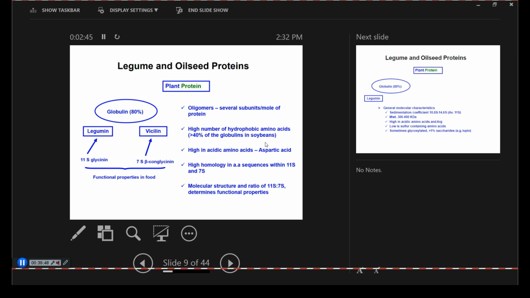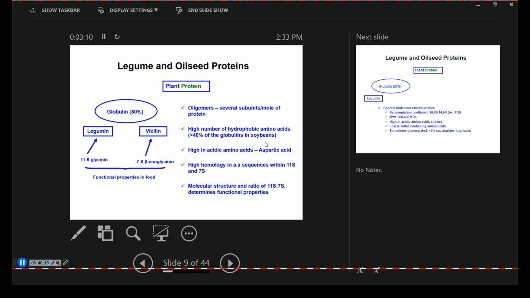Sedimentation. So sedimentation coefficient. Does a higher number indicate a larger molecule or a smaller molecule, or a molecule that would sediment more easily or remain in solution longer upon a certain centrifugal force? Yes, Becky?